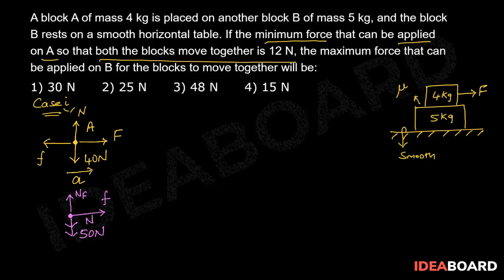Now according to the problem, as both the blocks are moving together there is no relative motion between the blocks. Therefore the frictional force acting between the two blocks will be static friction. It is also said in the problem that the minimum value of F applied is 12 newtons for the blocks to move together.